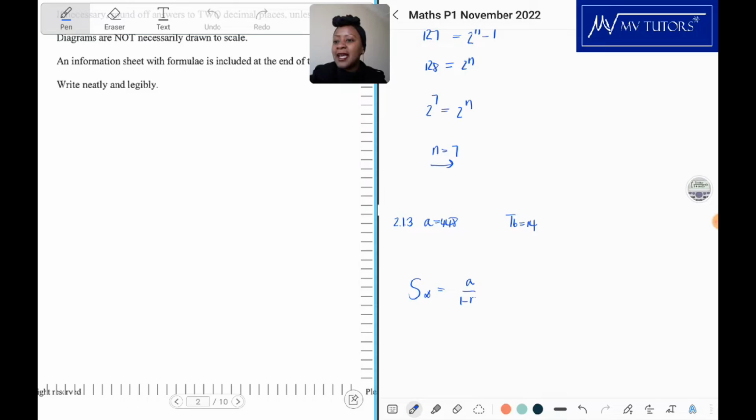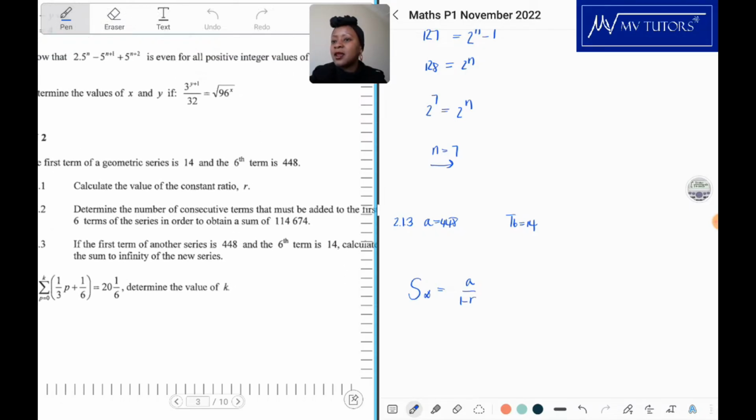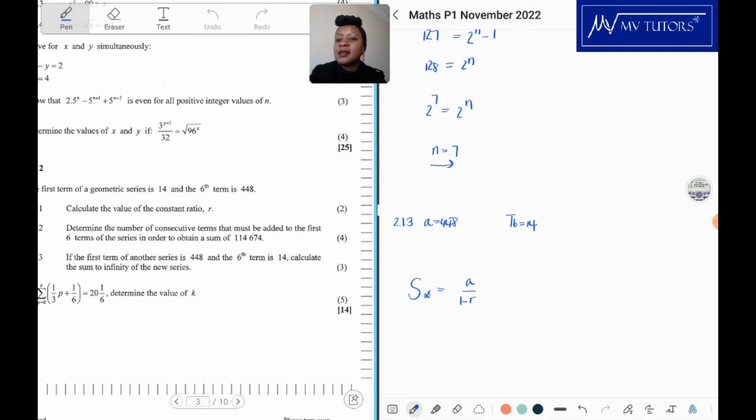Okay, and yeah. So now it says calculate the sum to infinity. So we have a, it's equal to 448. Now we need to determine r. So let's just do that. T6 is 14. A is 448. We have r to the power n minus 1. So that's 5. So now we have 14 over 448 and r to the power 5.